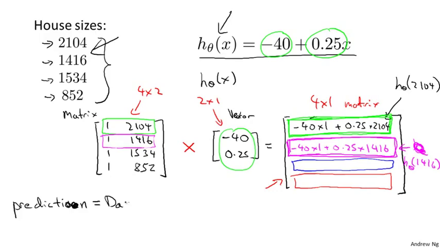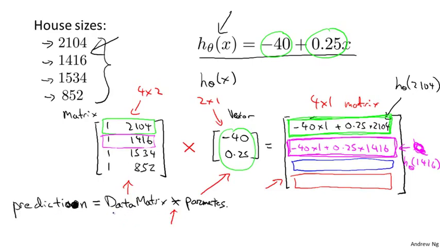You write prediction equals my data matrix times parameters, where data matrix is this thing here, and parameters is this thing here, and this times is a matrix vector multiplication.